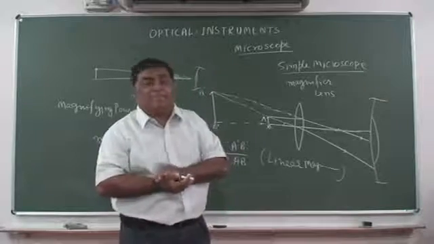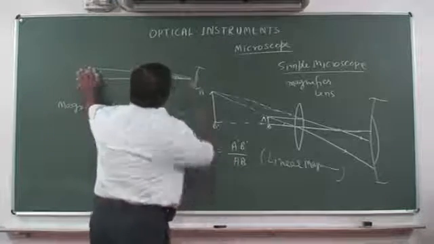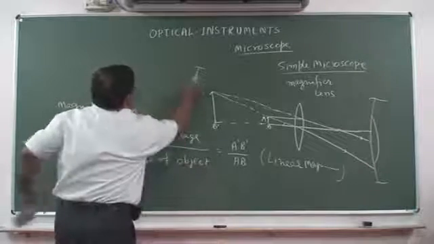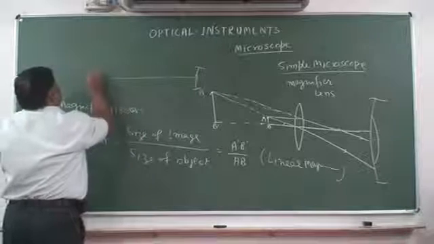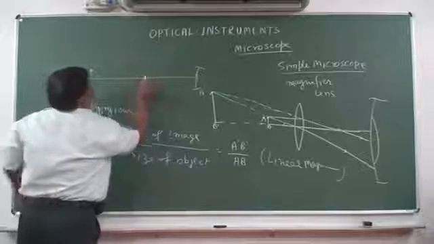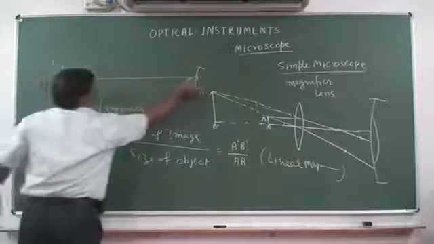What does it mean? It means, see, these are the eyes and here this is the principal axis. Here is the object, and we see the image somewhere. Let us say here.